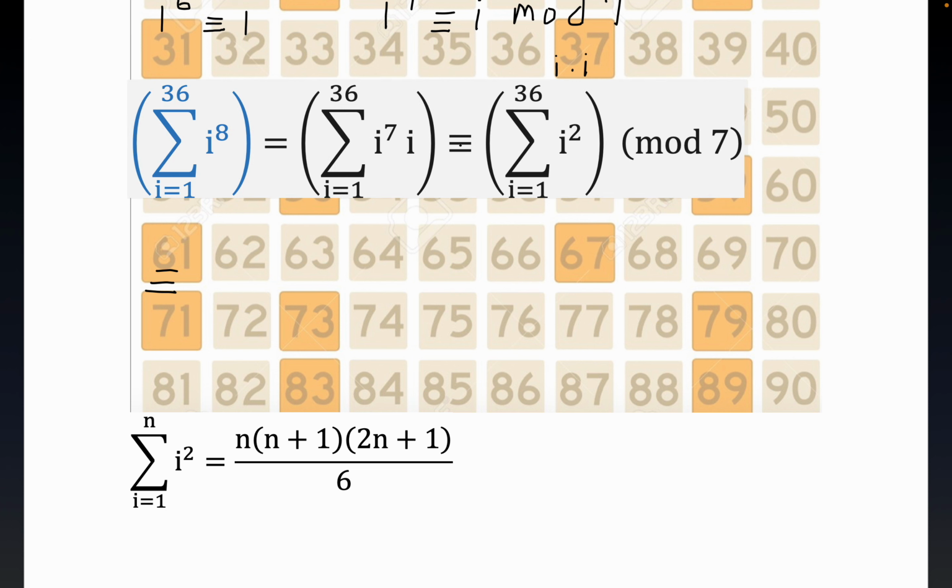Some people are a little sloppy, myself included, but this would be congruent to replacing 36 right here. You would get 36 juxtaposed with 37. Okay, and then 2 times 36 plus 1 is 72 plus 1 is 73. Okay, and then this is all over 6.